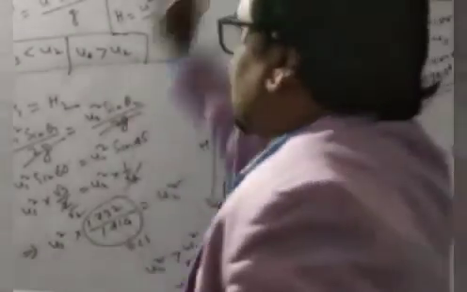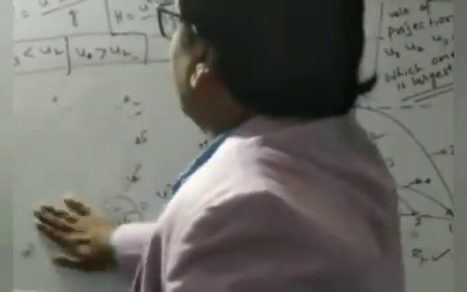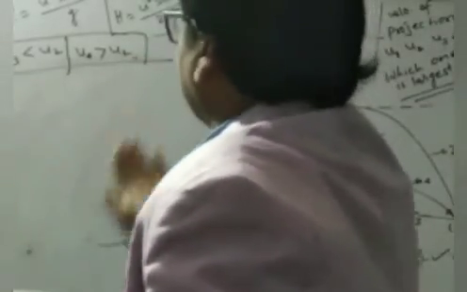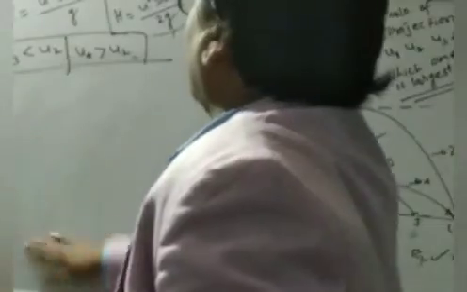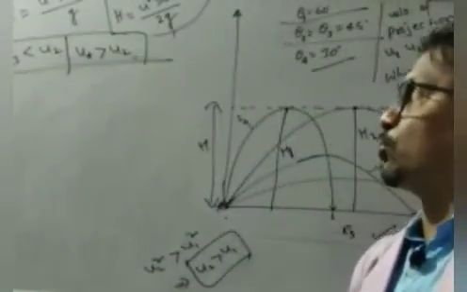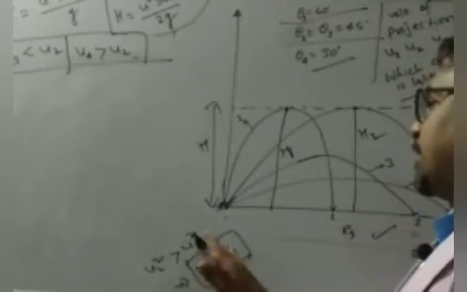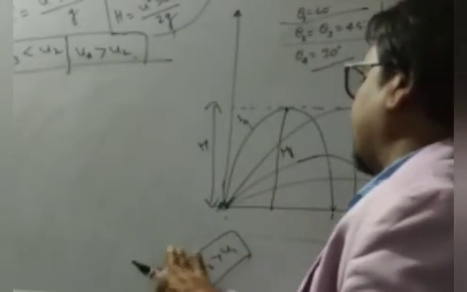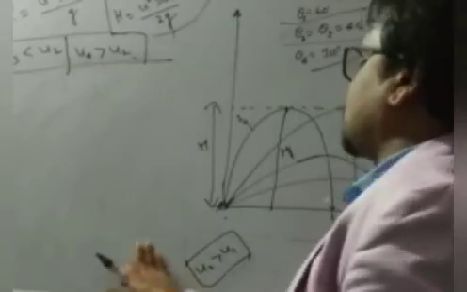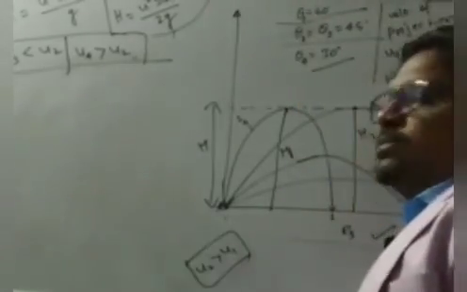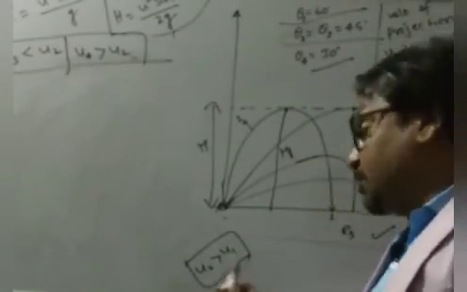So we have three results here. One is u3 is less than u2, second is u4 is greater than u2, and third one is u2 is greater than u1. Just write all these values of u in ascending order.